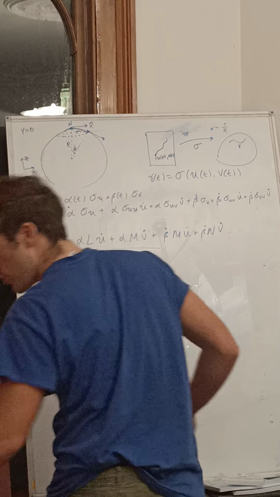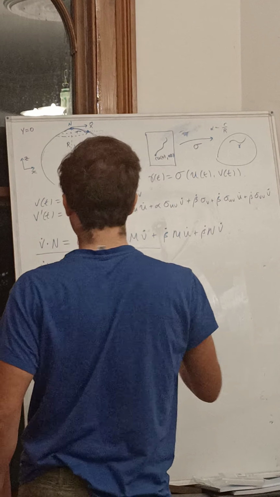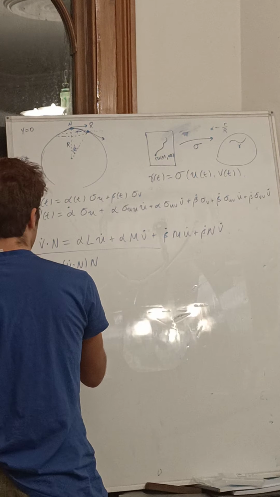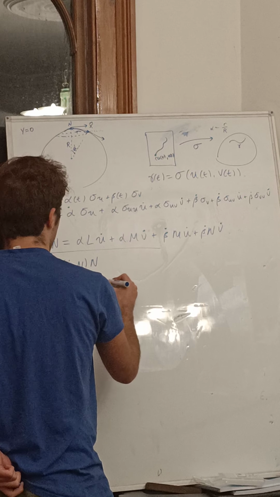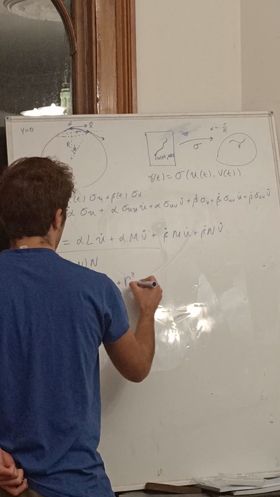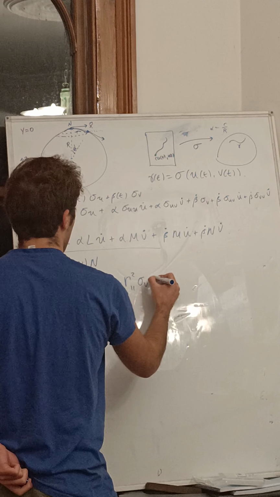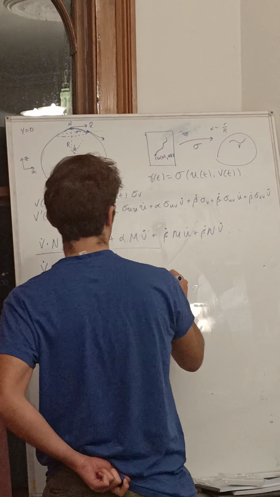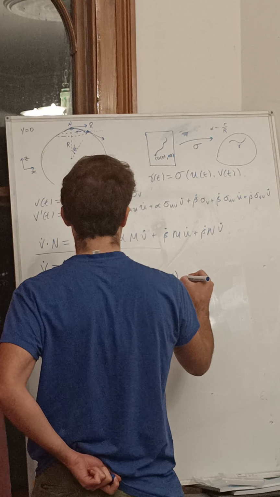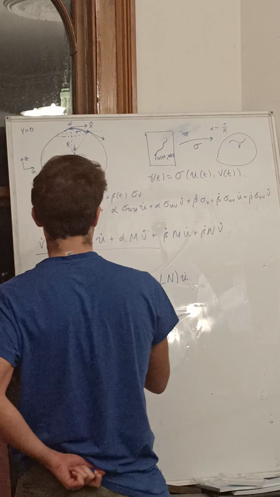So this equation, what does this become? We have alpha dot sigma u plus alpha times gamma 1 1 1 sigma u plus gamma 2 1 1 sigma v, plus L normal u dot.